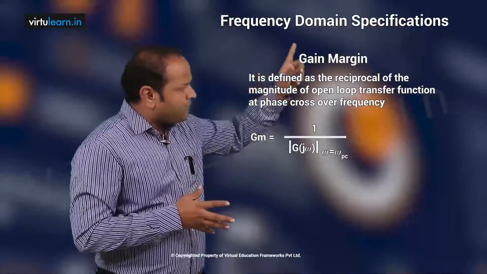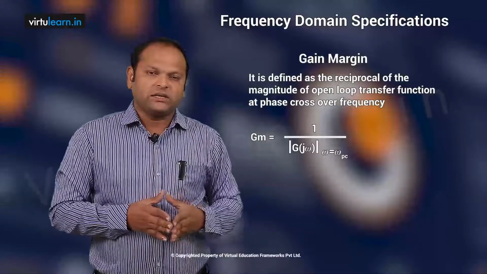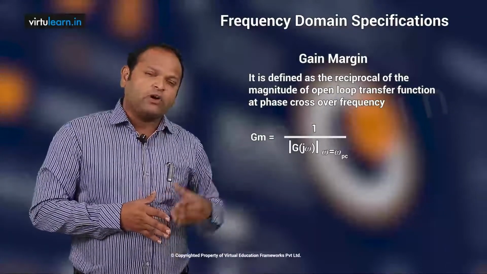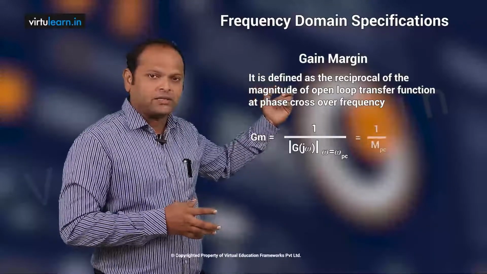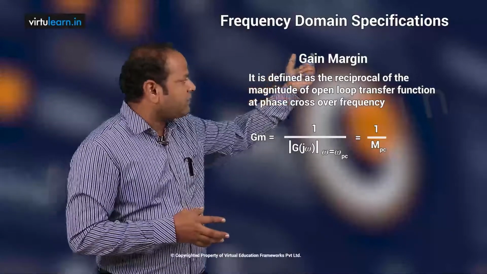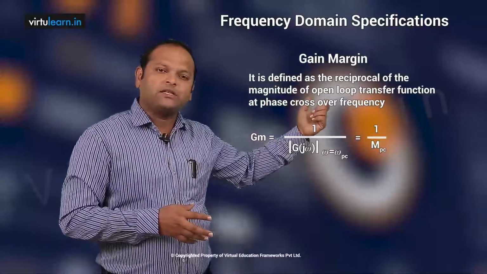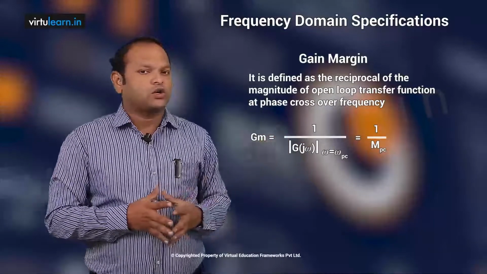Then we get the magnitude at ω equal to ω_pc. Let us call that magnitude M_pc. Then gain margin is the reciprocal of M_pc.